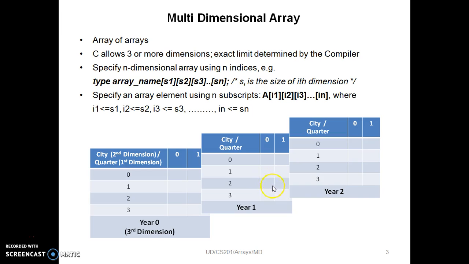So if you are taking a specific cell, for example this one, this cell indicates the number of customers for year 1, for quarter 2, and for city 0. So here refer cust[i][j][k]. In general, it will represent the number of customers for year i, quarter j, and city k.